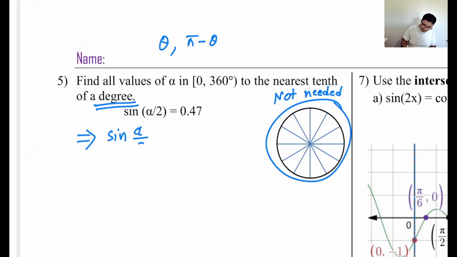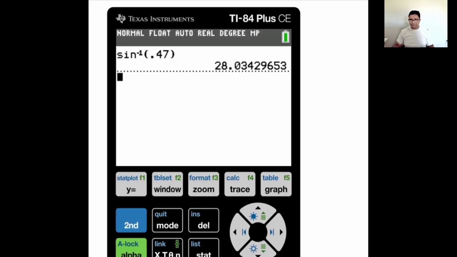So sine alpha over 2 will be equal to sine of some angle, which I will write by using the calculator. So like this, you should do in your calculator. Check on the top row that it is in the degree mode and take sine inverse of 0.47. It's 28.03 degrees. I'm going to go with that.